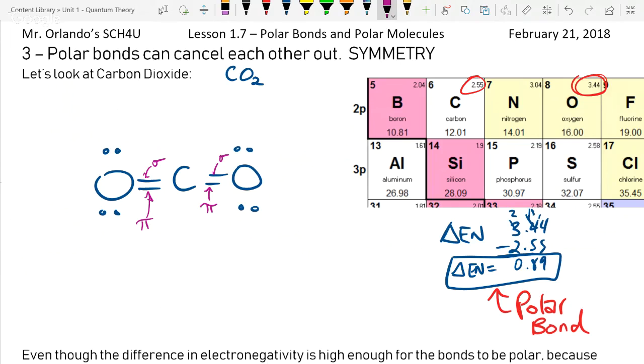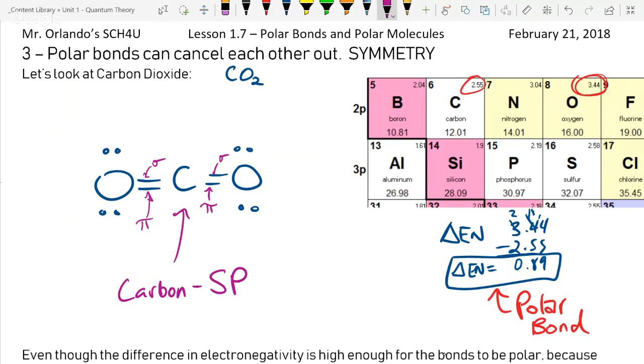Hey, what's the hybridization here for carbon? Carbon is sp hybridized. How'd you know that? Just quick glance at that. How do we know it's sp? Yeah, how many pi bonds does it have? 2. So from sp3, 1 pi bond would mean sp2. 2 pi bonds means sp.